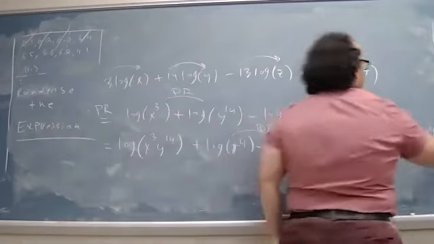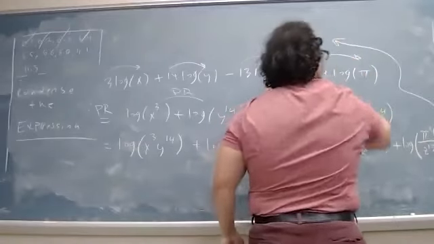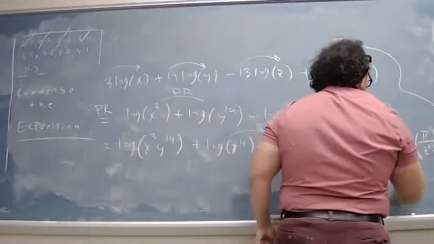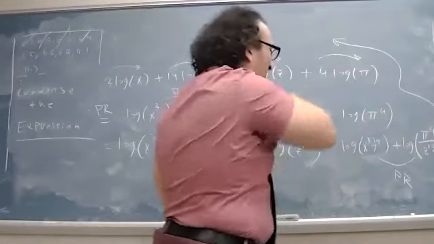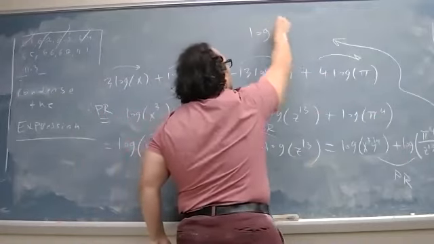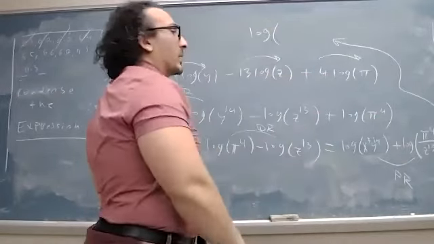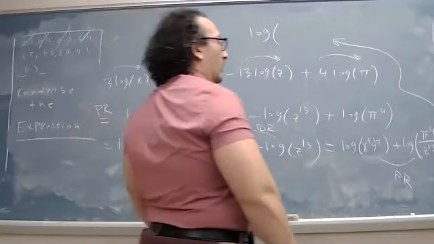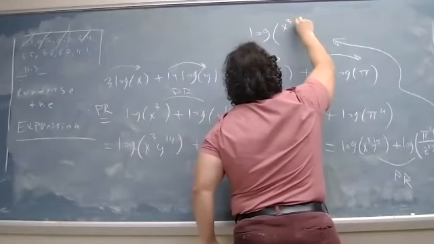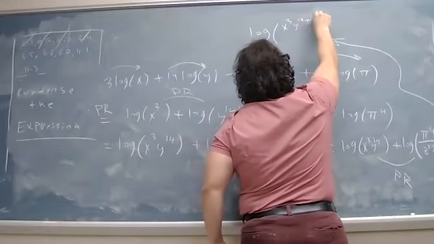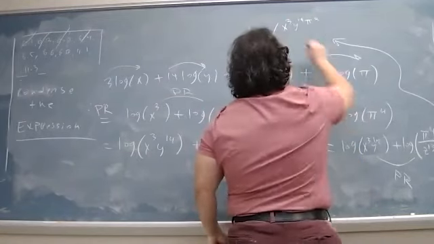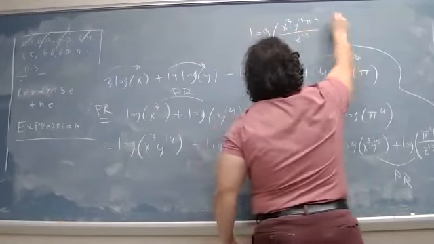Then moving the calculation up here, we can use the product rule right here to express this as 1 log. So it's going to be x cubed, y to the 14th, pi to the 4th, multiplied, or I mean divided by that z to the 13th.